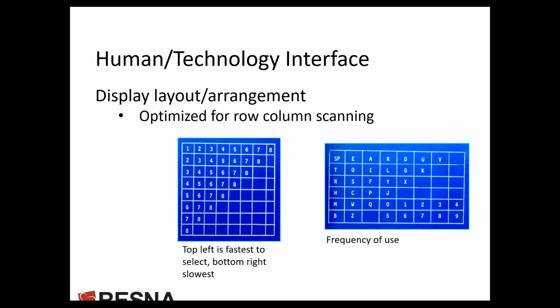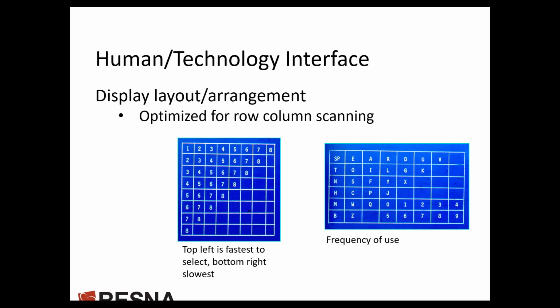Next is our display layout or the arrangement of the device. And this is the layout of the symbols or the choices that we have available is critical for optimizing speed and accuracy. So these charts, we're taking row column scanning into consideration with these 2 pictures that we have here.